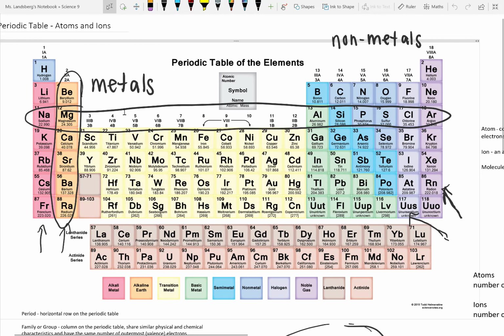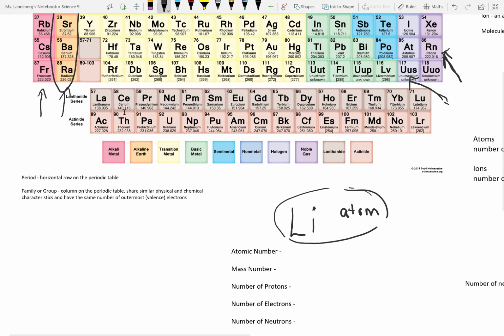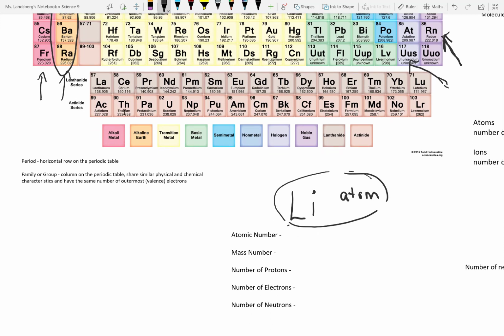Going back up here, we have lithium, and the atomic number is 3. And then here we have the atomic mass, and we're going to round the atomic mass. So we're going to round this to 7. As I said, atomic number 3. Mass number 7.